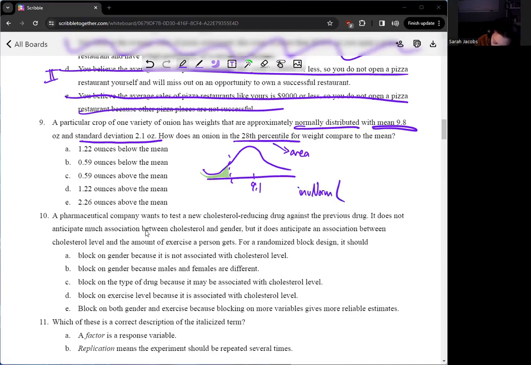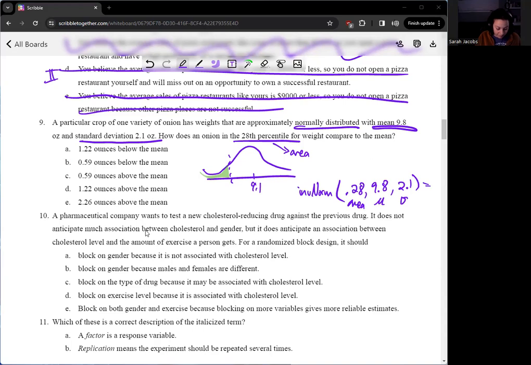The area is going to be 0.28. The mean is going to be 9.8. And the standard deviation is going to be 2.1. So this is the area, this is the mean, and this is the standard deviation.